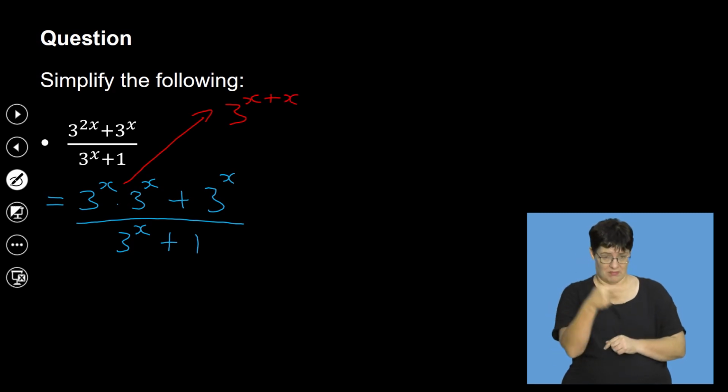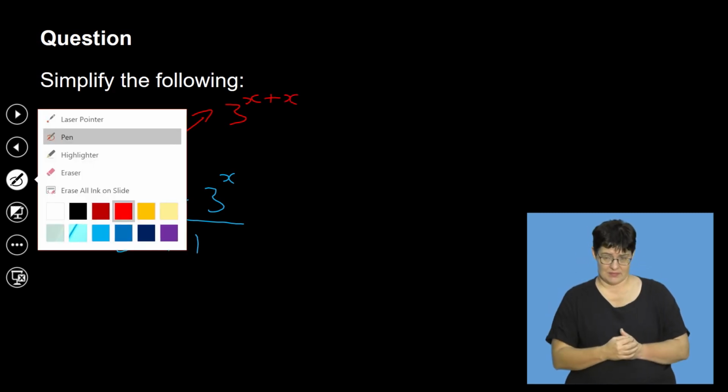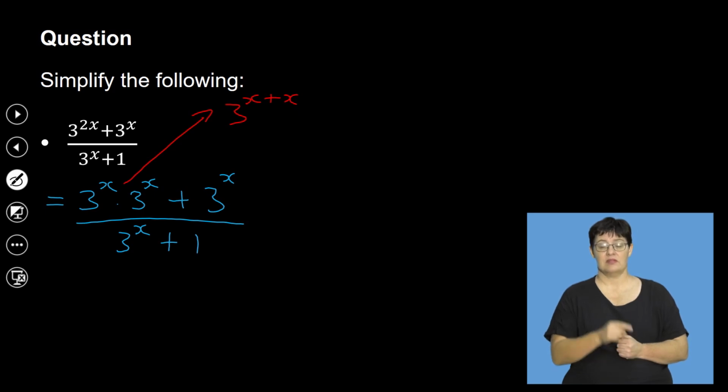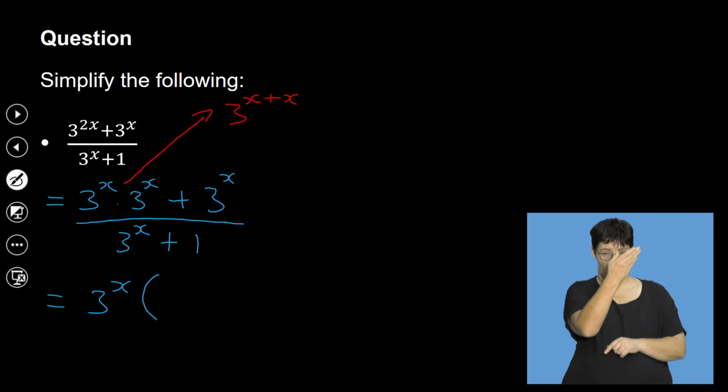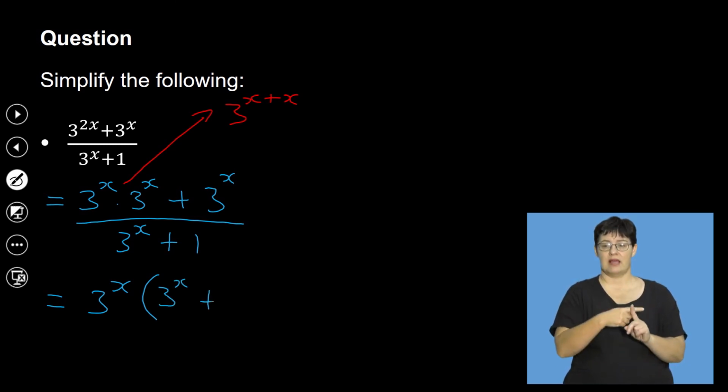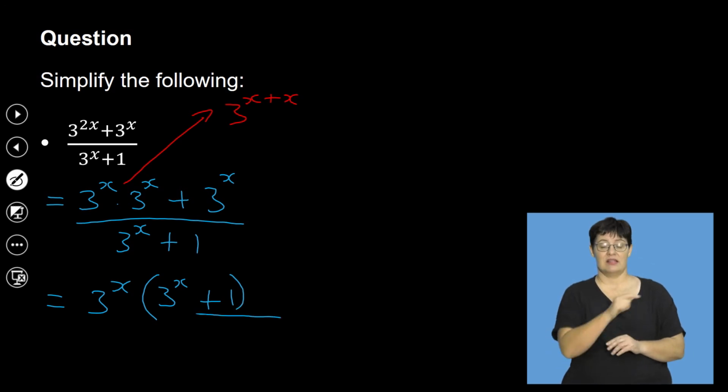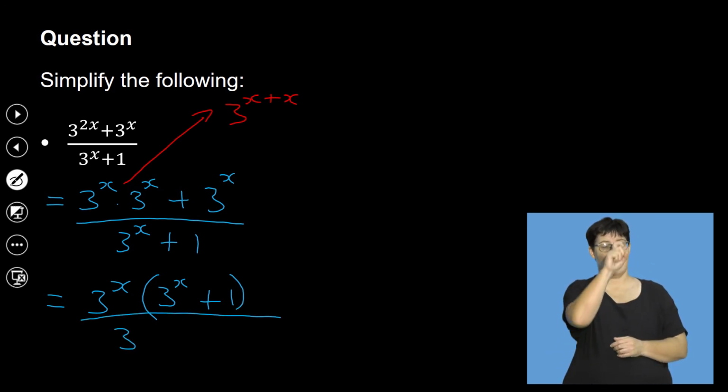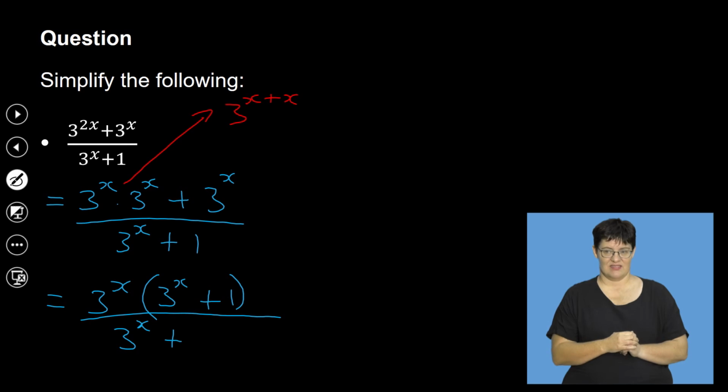Remember, that's how we get 2x, right? So that's where that particular thing comes from. This will then be, I take out a common factor of 3 to the x, I will be left with 3 to the exponent of x plus 1, and then divided by 3 to the exponent of x plus 1.